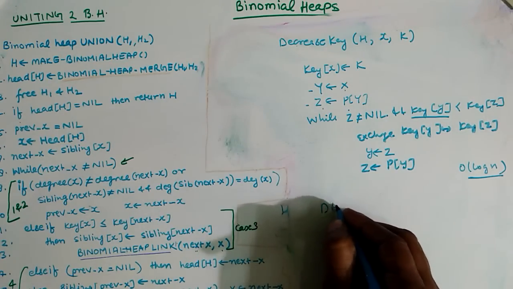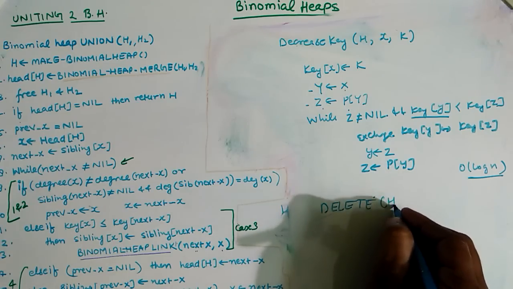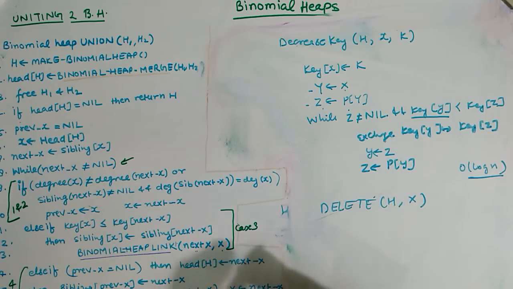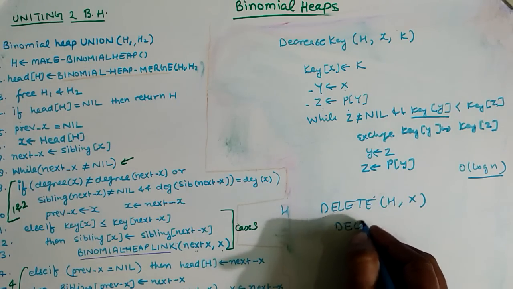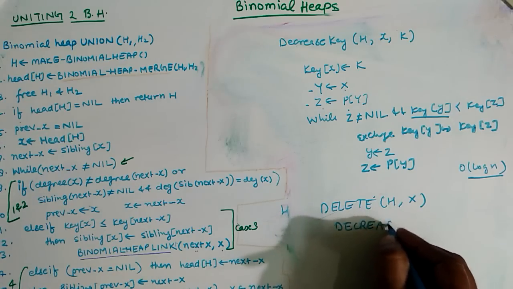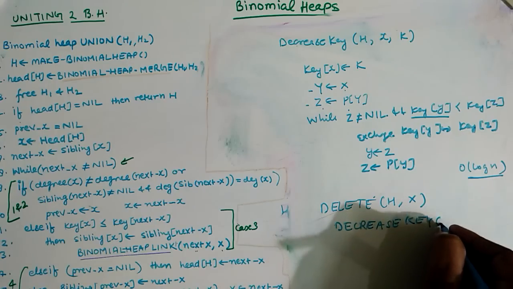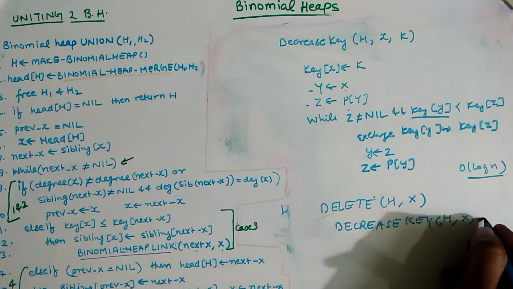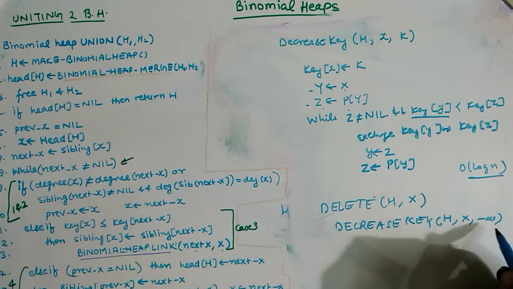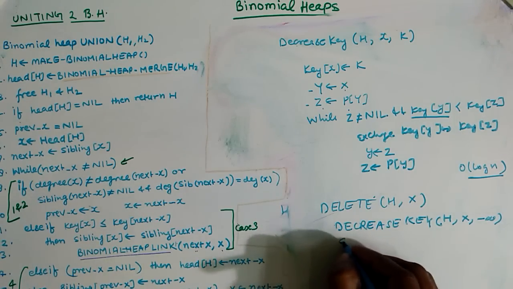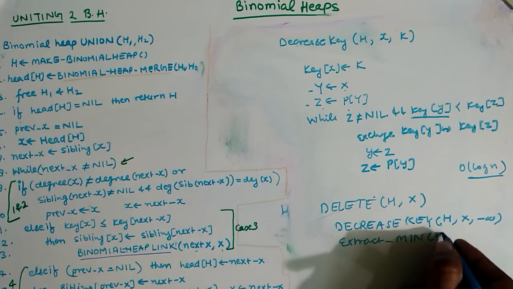Similarly, if you want to delete an element from a heap h with the key information x, what we do is call the decrease key operation on h with x, decreasing that element to minus infinity, and then call the extract min procedure on h.